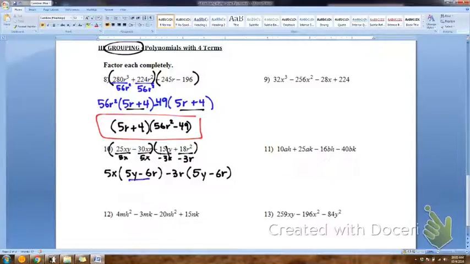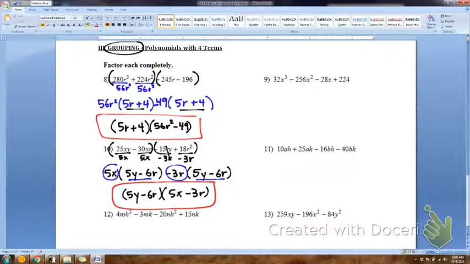Now I do have the 5y minus 6r in common. And then I pulled out a 5x and a negative 3r. Complete.